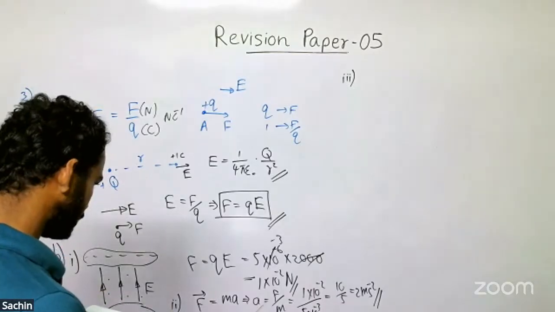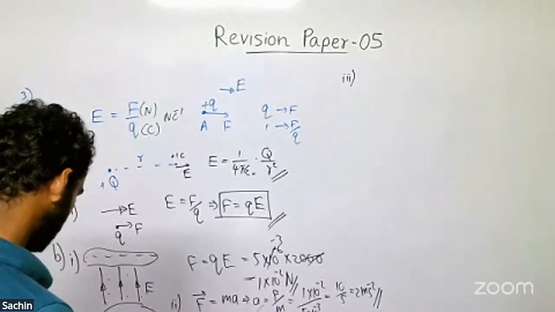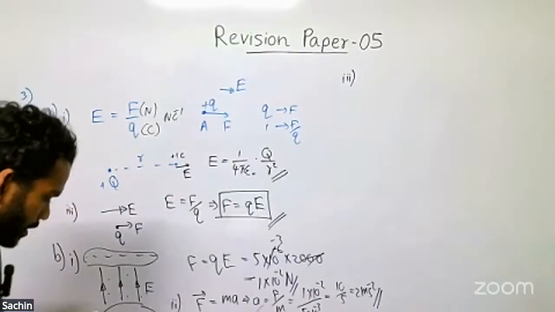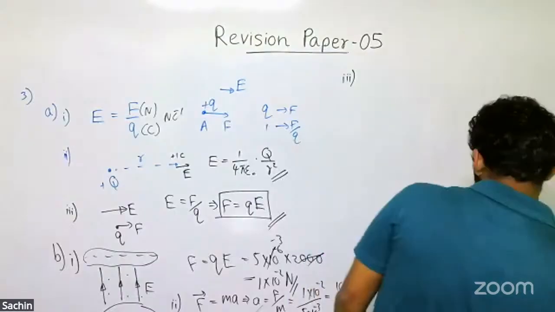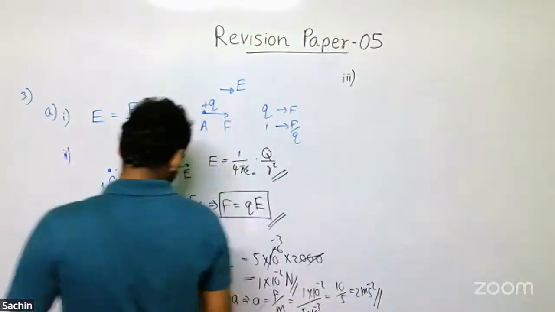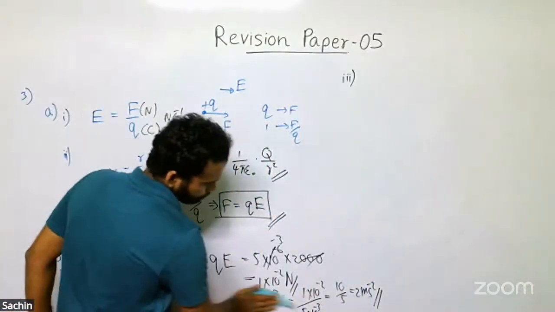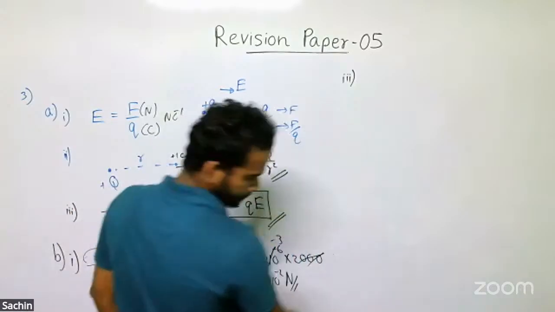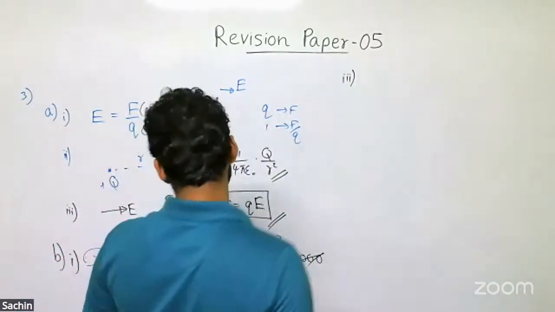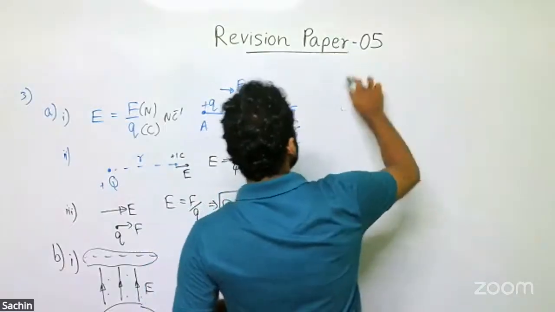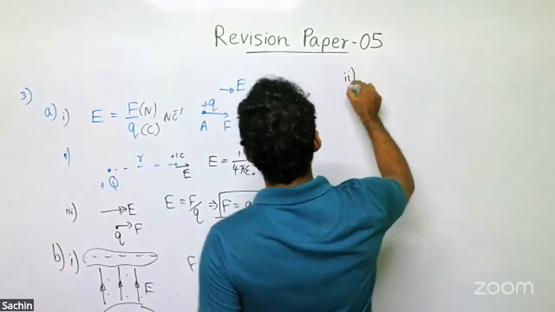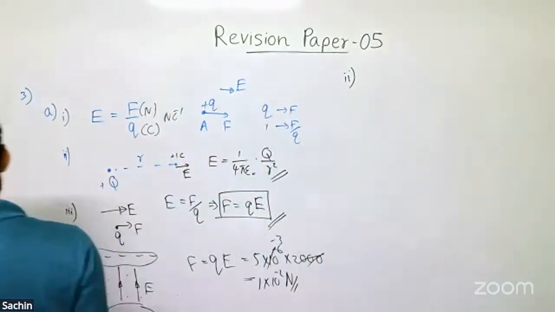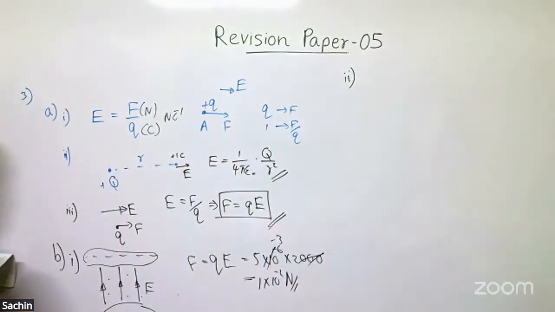Oh, wait. There was a mistake I made for the second part. This is wrong. I didn't consider the direction there. I just calculated the acceleration caused by the electric field only. They have clearly mentioned how this electric field is arranged.